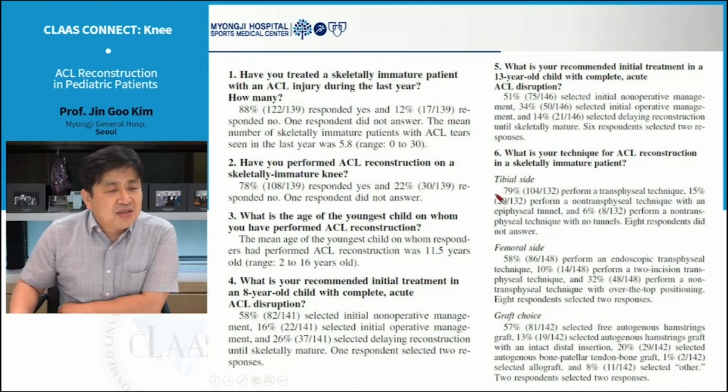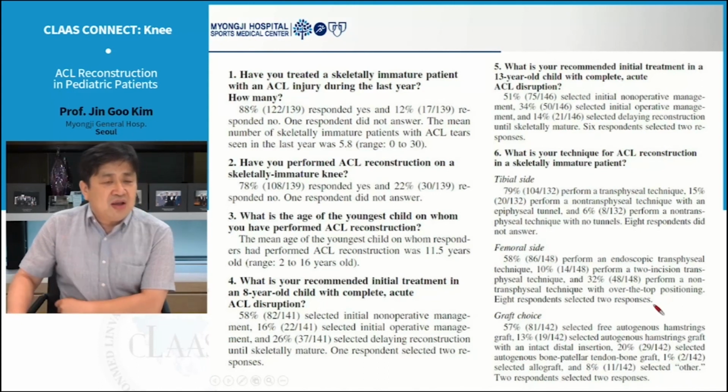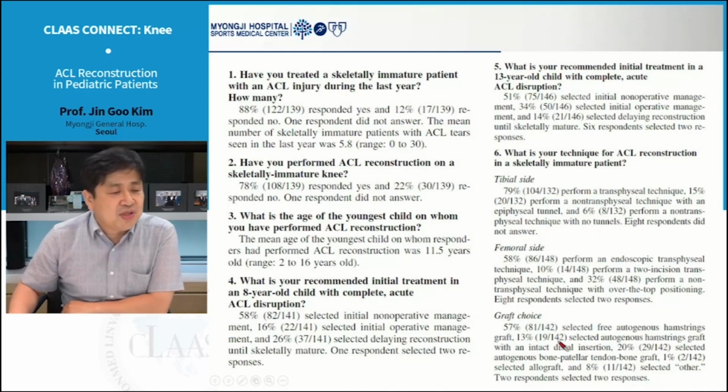On the tibial side they want transepiphyseal, and on the femoral side 50% transepiphyseal, 10% physeal sparing, and 32% still maintain over-the-top to avoid physeal injury. Graft choice is 60% autogenous hamstring and 20% patellar bone tendon.